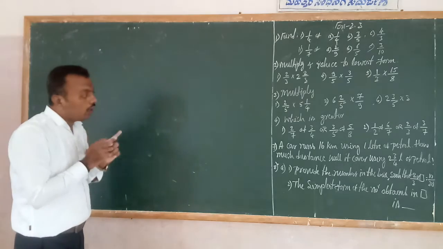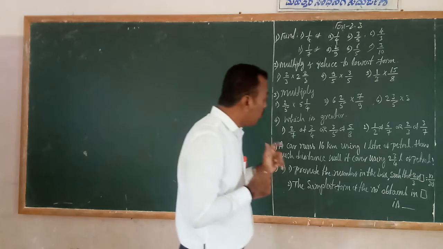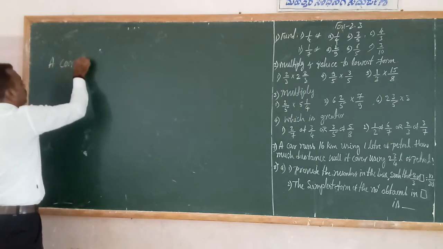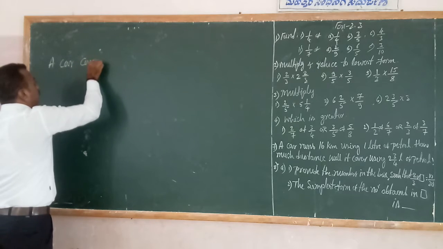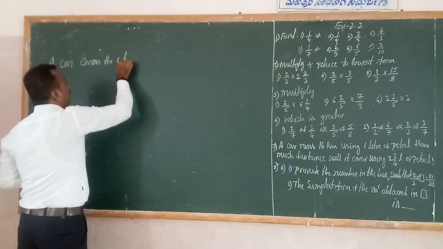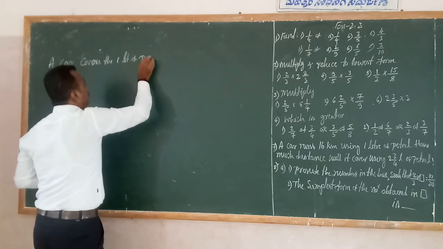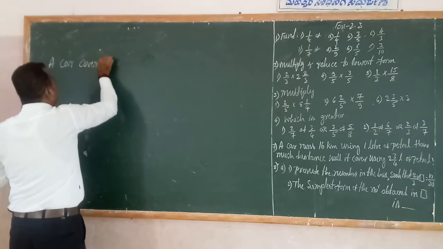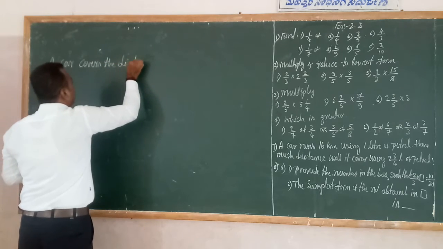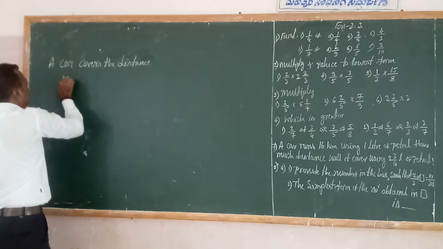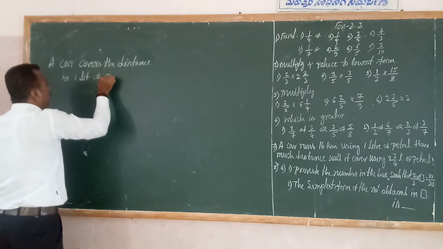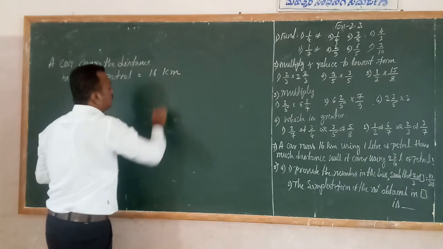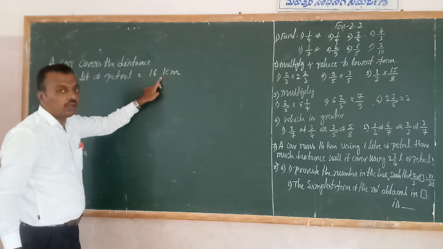See, first, the distance the car covers in 1 liter of petrol is equal to how much? 16 kilometer. On 1 liter of petrol, the car travels 16 kilometer.